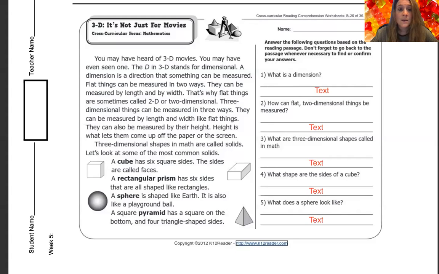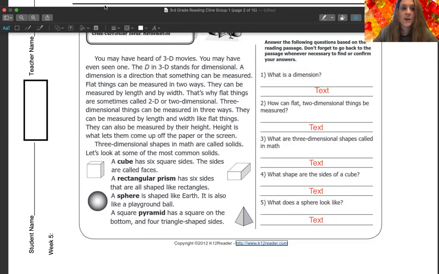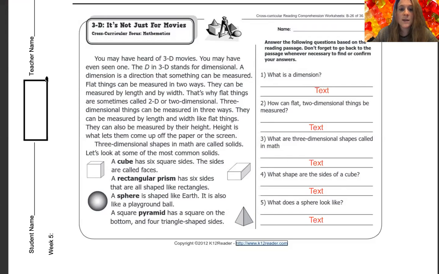Okay? Now, question number 1 says, what is a dimension? You guys need to look through and find what is a dimension. And it did tell us within the first like 3 or 4 sentences.